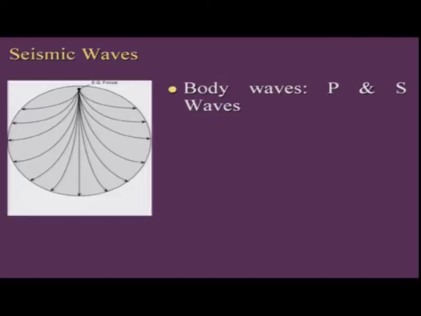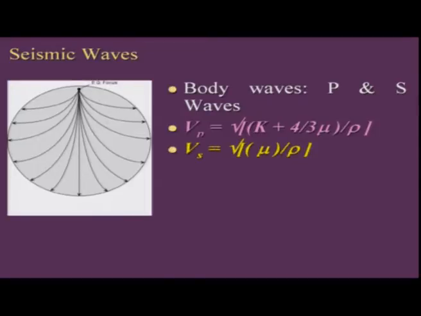If you look at the different types of waves, we have the body waves, which we call primary and secondary waves, P waves and S waves. If you look at the equations, we have the velocity equations for the P wave and S wave.